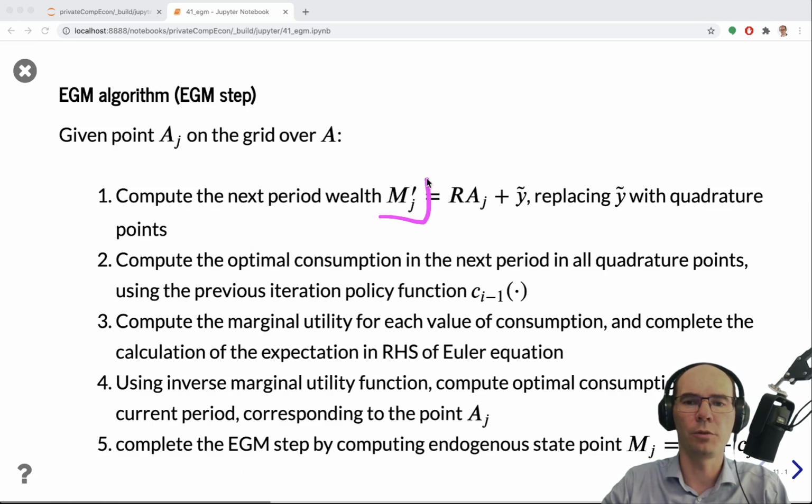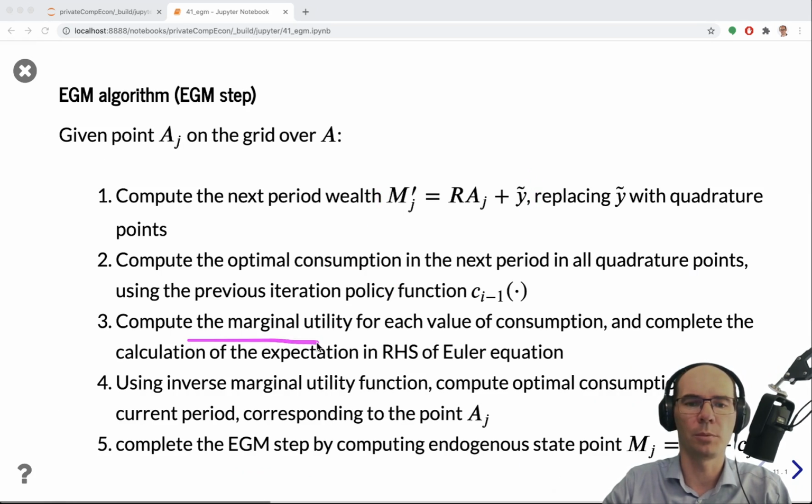Then for each of these possible points of wealth, we use the previous iteration consumption function to calculate the optimal consumption in the next period.